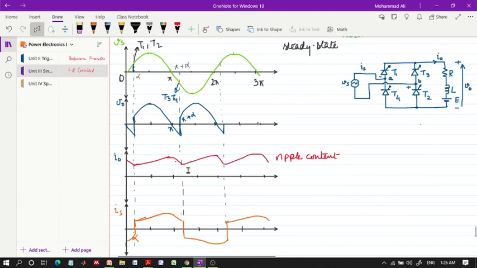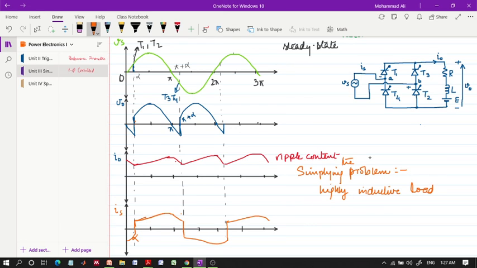So what I'm doing is simplifying our problem. We are taking a very highly inductive load, for example a motor, and for that we can consider that the output current is ripple free.